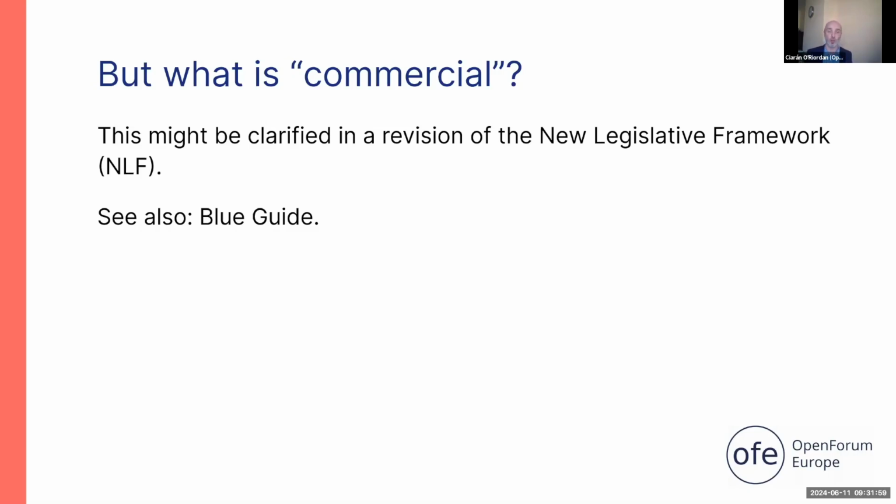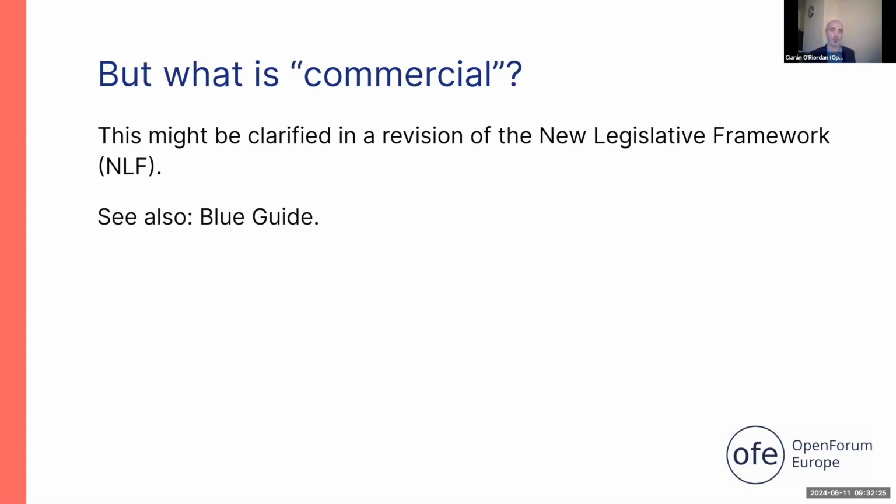And so one of the main places for definitions of these terms is a thing called the New Legislative Framework. And there's a related item called the Blue Guide. These are texts which give definitions for certain types of regulation in the European Union, and they include definitions such as commercial and, I believe, the course of commercial activity.